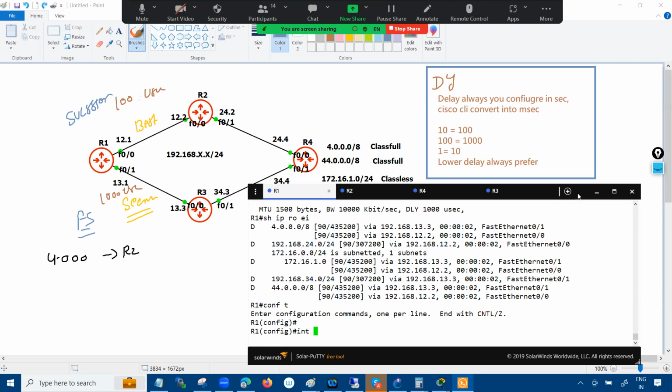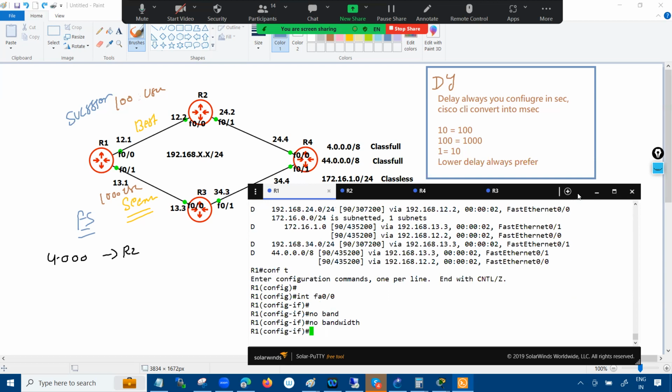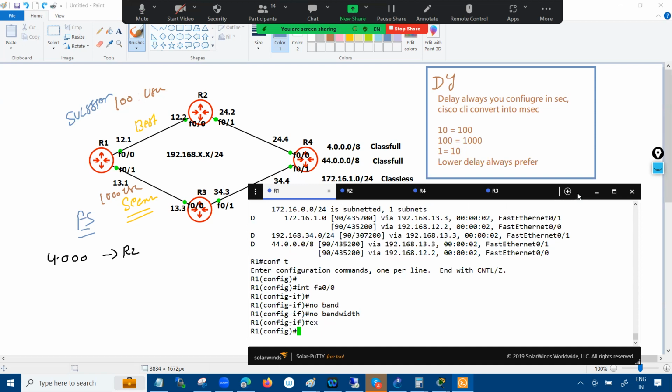No, my bad. I increased that one. We need to decrease that one because the lowest bandwidth is preferred, right? So let me remove the bandwidth. I'm going to make this one the lowest one.